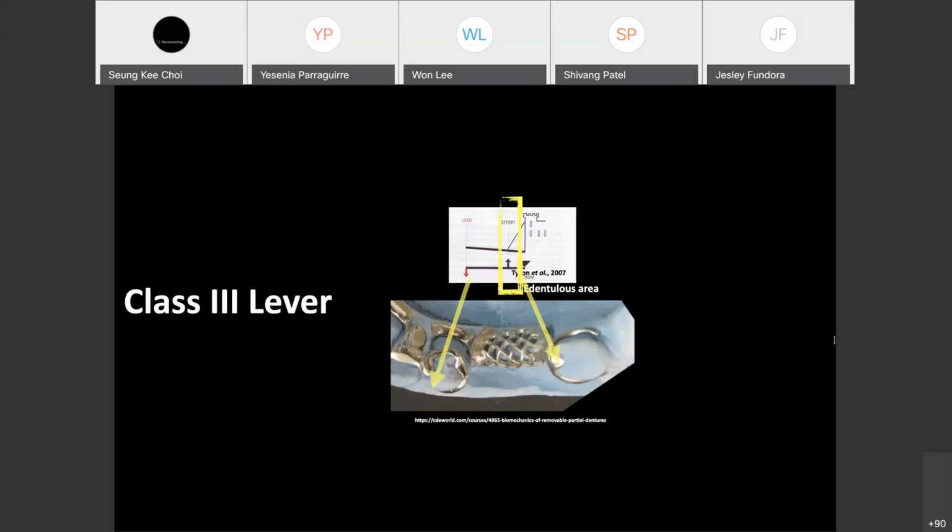But I'll give you this clinical scenario. If the patient decides to get his or her fingernail under that anterior clasp assembly, over that buccal clasp, and pushes downward, potentially it's going to rotate on that MO rest of that molar.